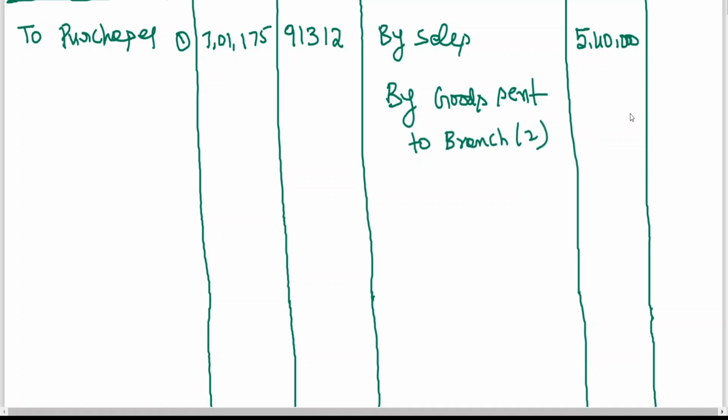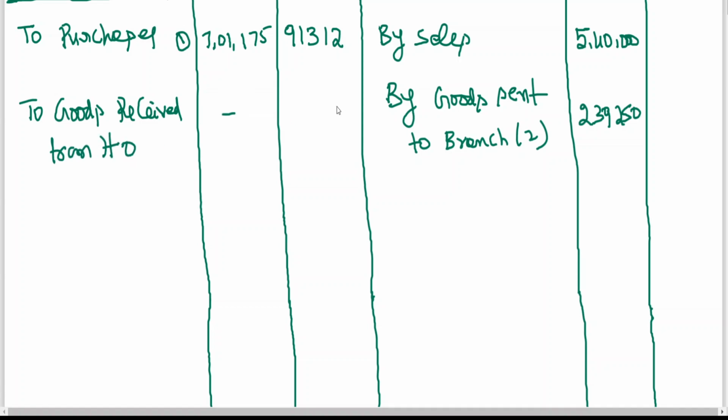Working notes number 2. 2,39,250, and this is goods received from head office. It is a receipt for whom? Receipt for branch. 2,39,250. Clear to all of you? The next one.